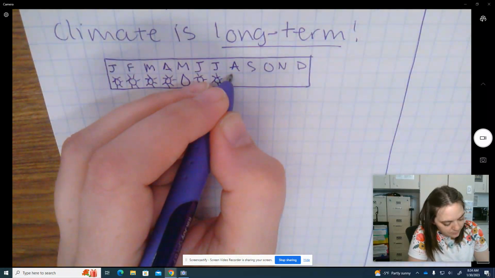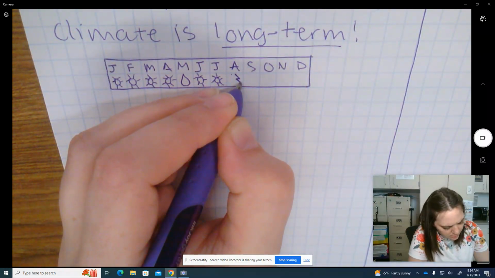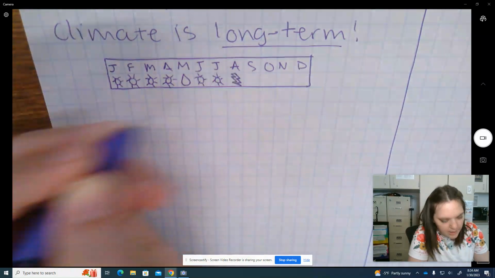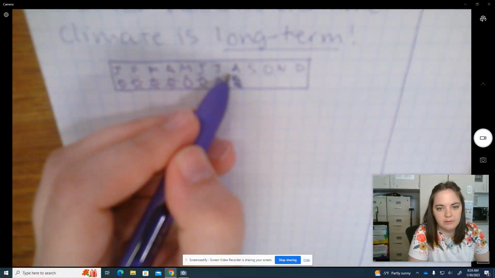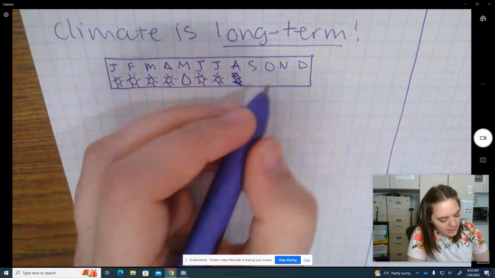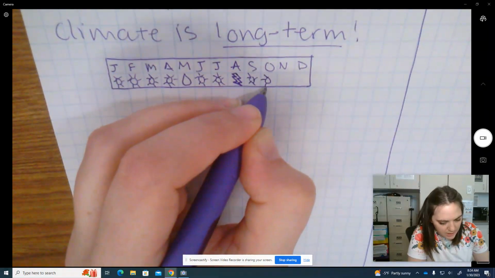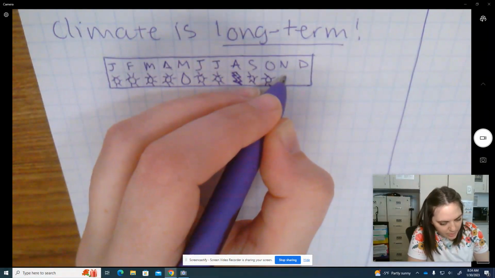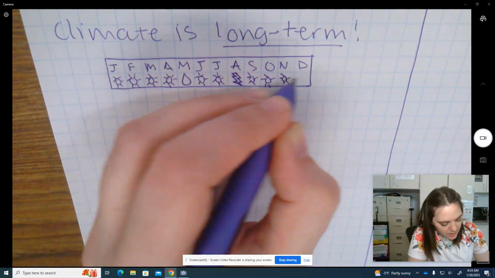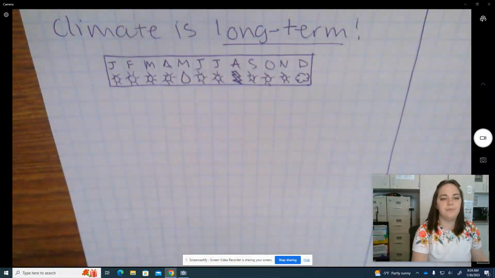August, hey, look at that. That's supposed to be a little lightning symbol. So there was lightning, a lot of lightning in August. And then September sunny, October sunny, November it was sunny, and December it was cloudy.